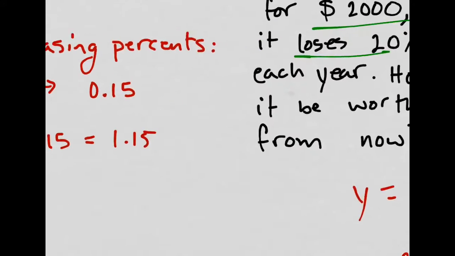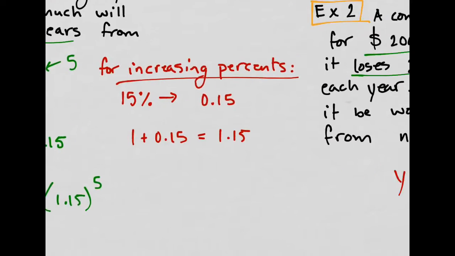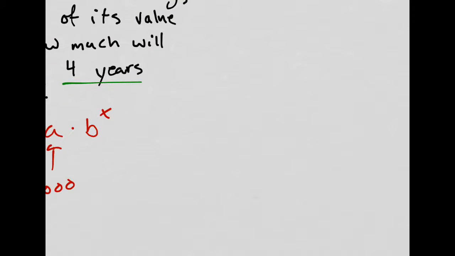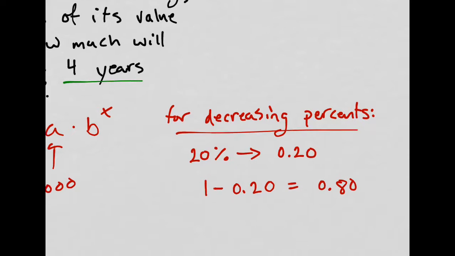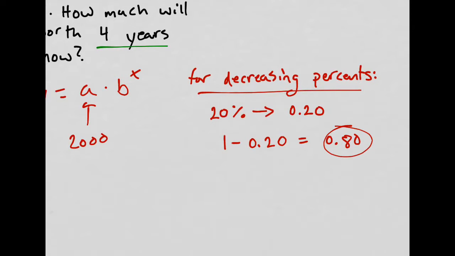First you write 20% as a decimal, 0.20. Then for percent decreasing, you say 1 minus 0.20, which equals 0.80. So that's what we're going to use.